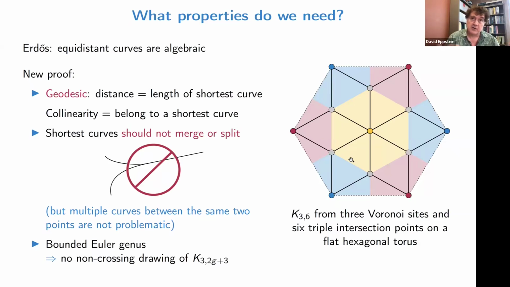And so trying to argue we don't have K33 on this topological space would not work, because we do have K33, we have K36, but we cannot draw K37 on this surface. There's an argument involving the Euler characteristic that shows that it would not be possible.